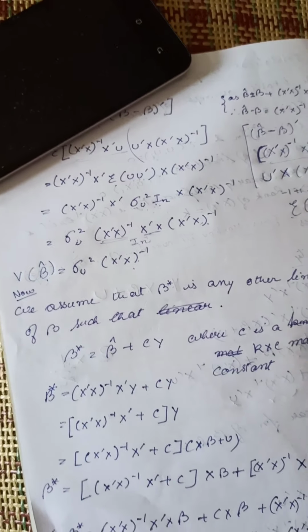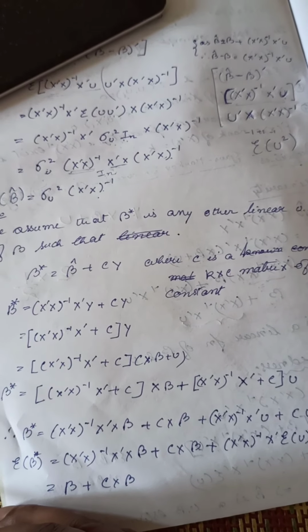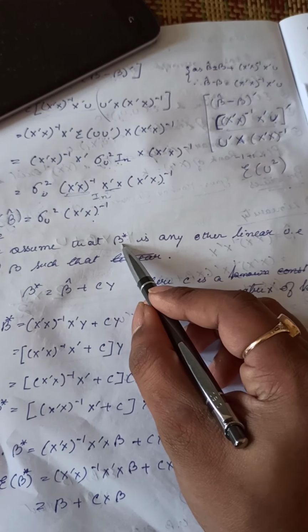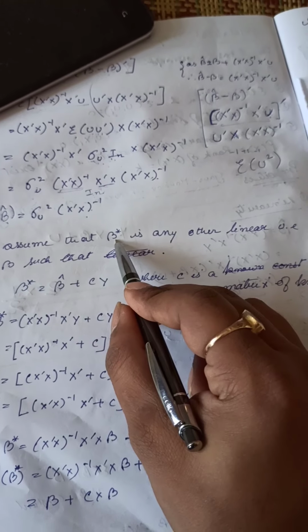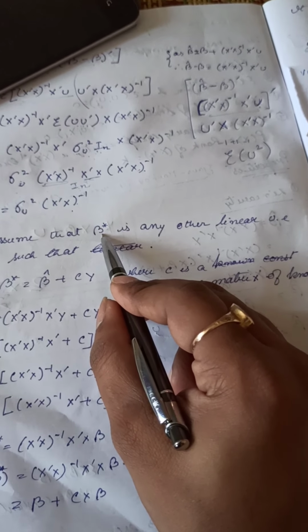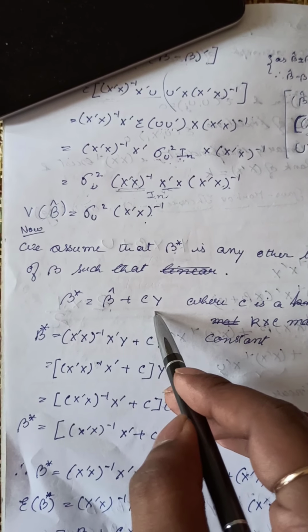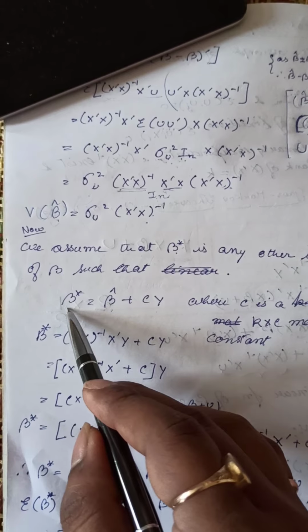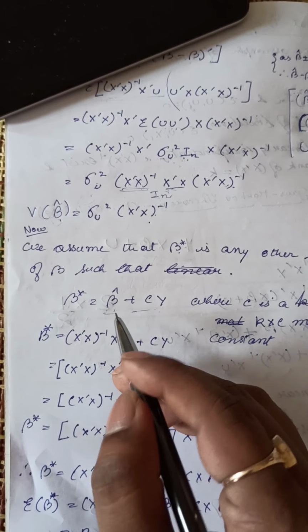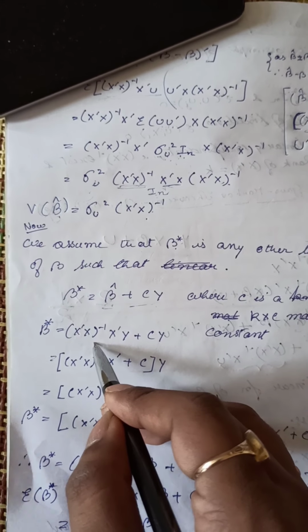So for the next step, the comparison step, we will consider an estimator named beta star, and we will consider it to be linear as well as unbiased. Beta star is defined as beta cap plus cy. So we have defined beta star in this manner, and we know that beta cap is equal to this term.